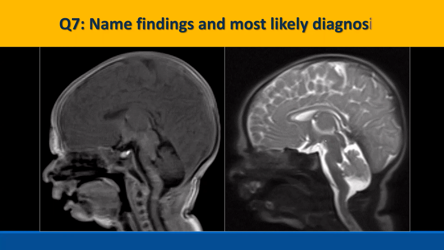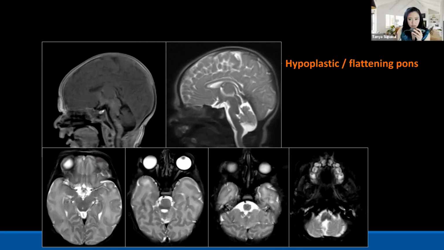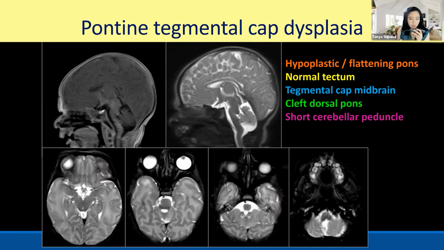That is the findings, right? Because the midbrain does not act like a midbrain. The midbrain is trying to mimic the tectum, right? Make it like a cap, like a tegmental cap, and abnormal pons, right? So this one is, let me show you. Yeah, this is pontine tegmental cap dysplasia.